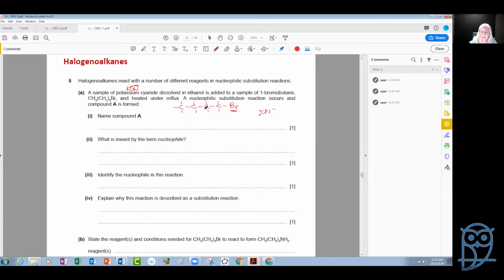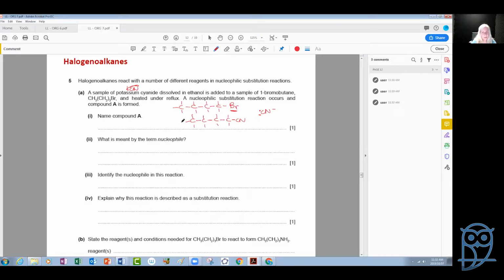It would be again these 4 carbons, 1, 2, 3, 4, with the hydrogens, but instead of bromine now we'll have this cyanide ion. So we have an extra carbon now here. We have 3 plus 2, 5 carbons. So this has become now a pentane, but with a proper suffix.